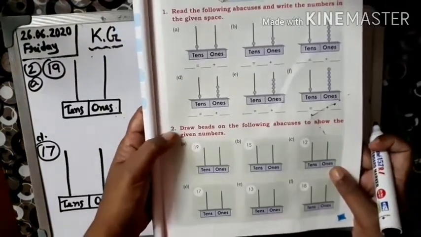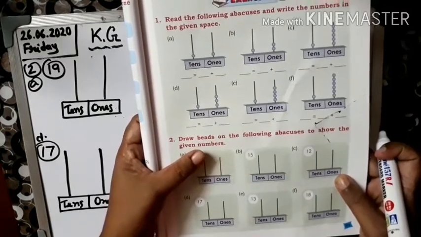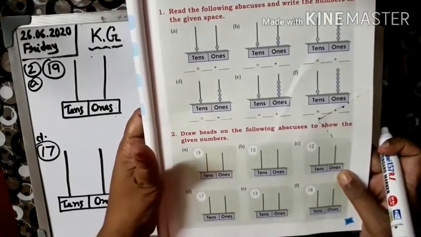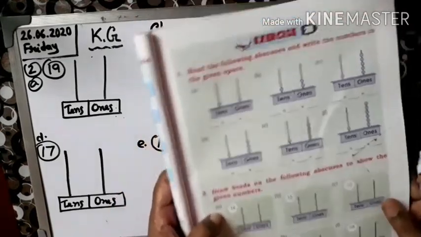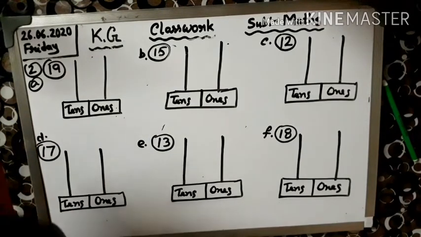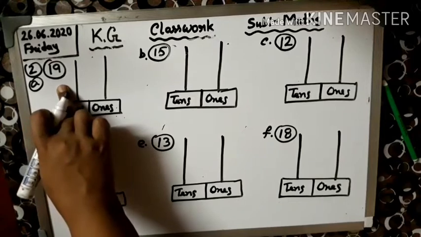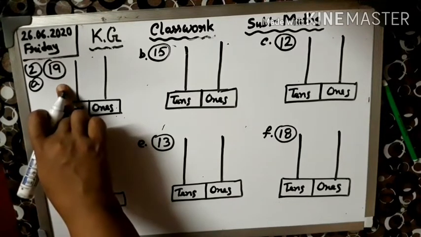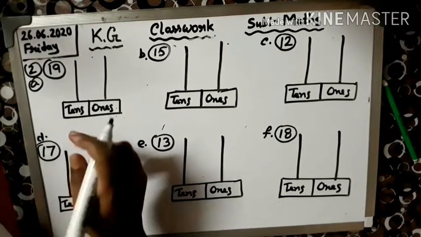Next, number 2. Draw beads on the following abacuses to show the given numbers. Follow, children. 1 9, 19. Draw 1 bead on the tens spike.